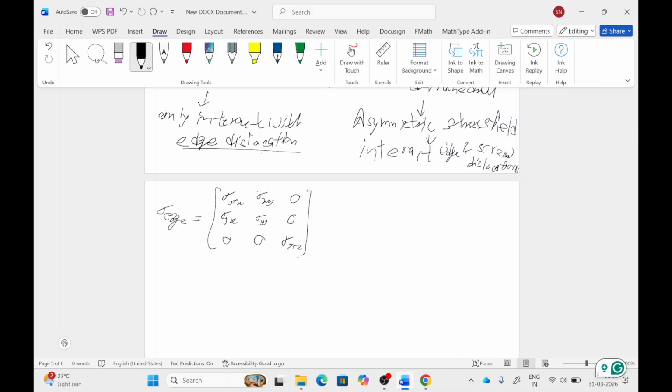In this tensor, we have principal normal stresses sigma x, sigma y, and sigma z, and only one shear stress sigma xy. These components generally lead to distortional and hydrostatic stress.